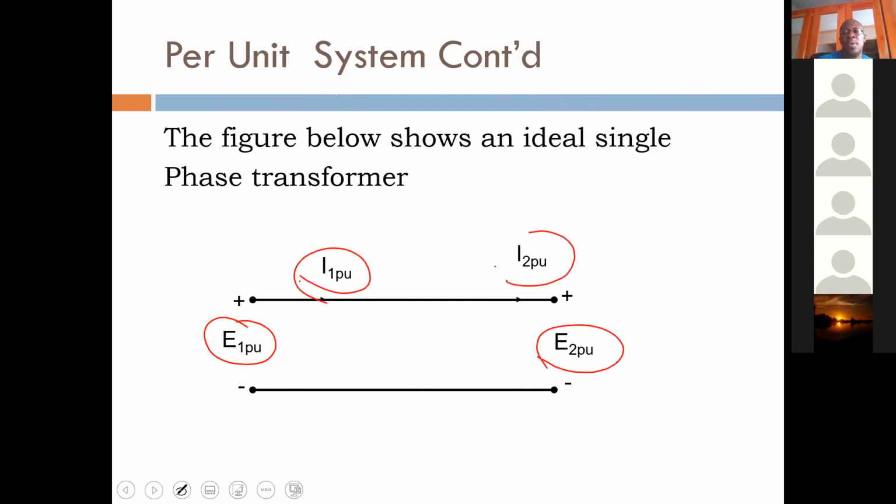I1 PU is equal to I2 PU. So the per unit current from winding 1 through to winding 2 would be the same. The per unit voltage on winding 1 would be equal to the per unit voltage on winding 2. And we want to prove that.